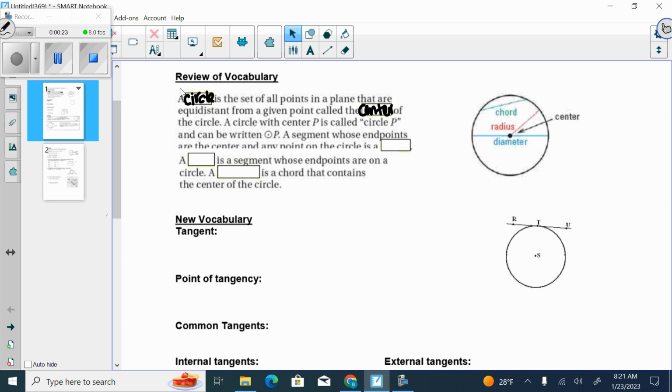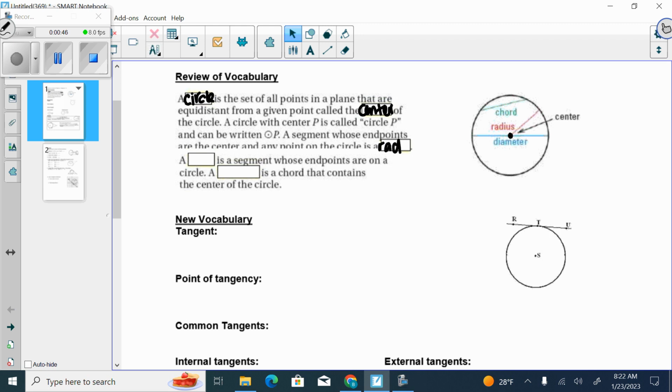A circle with center P is going to be called circle P, so you name it based on whatever the name of the point in the center is, and can be written as circle P. So this is the notation for a circle. A segment whose endpoints are the center and any point on the circle is a radius.